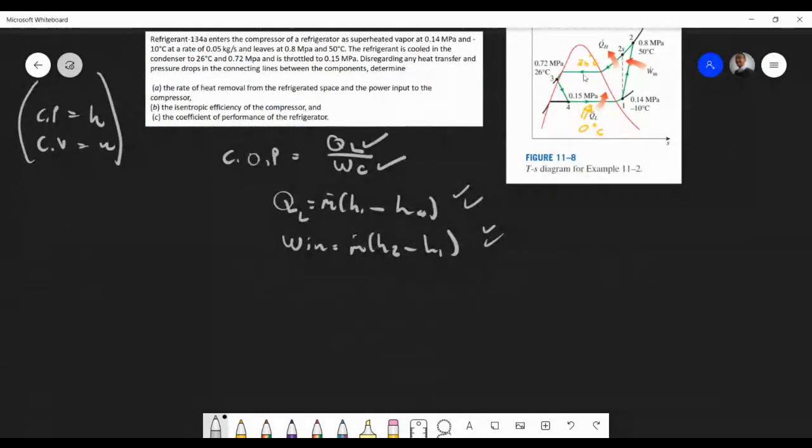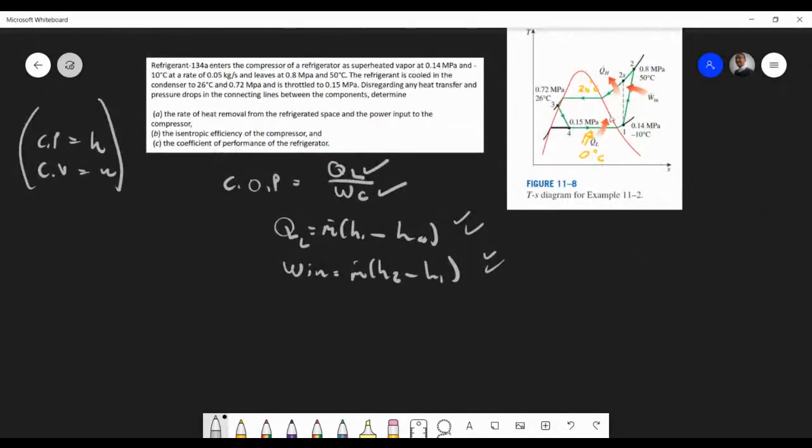Nevertheless, how do we start? With an actual cycle, remember, in an ideal cycle we have to find a saturation at point 1. So we're always going to start at P1, and then we can go process 1 to 2.